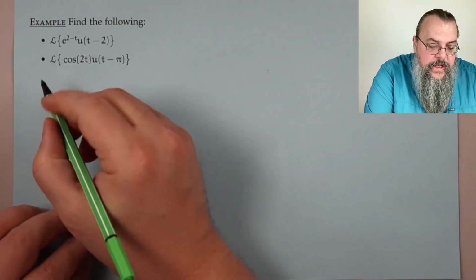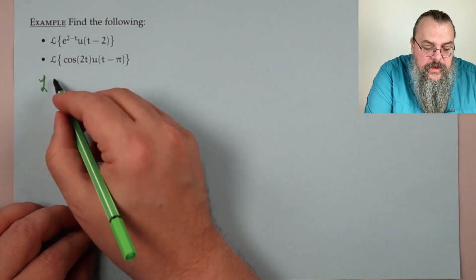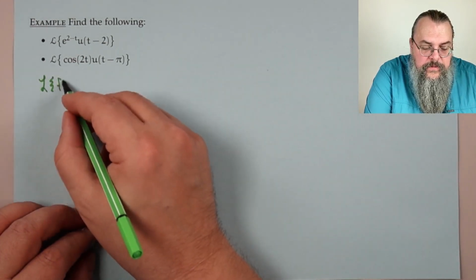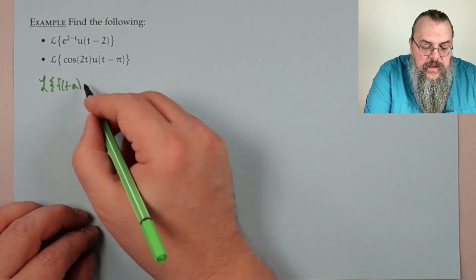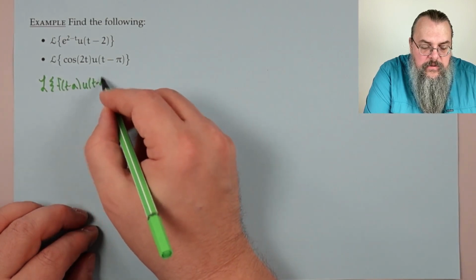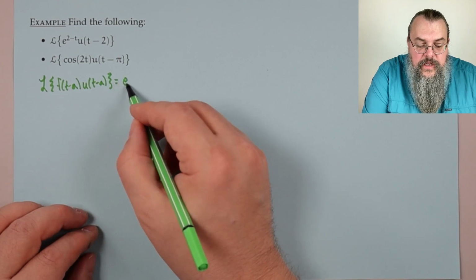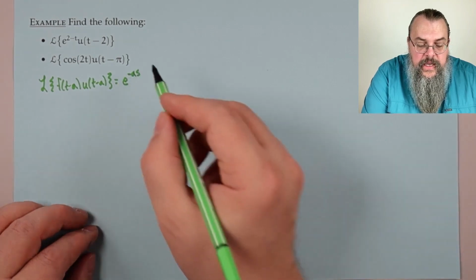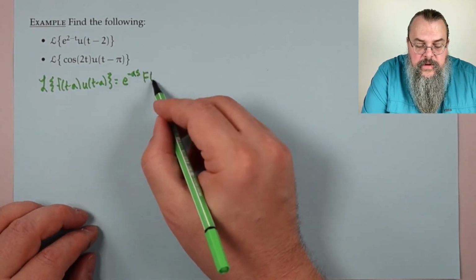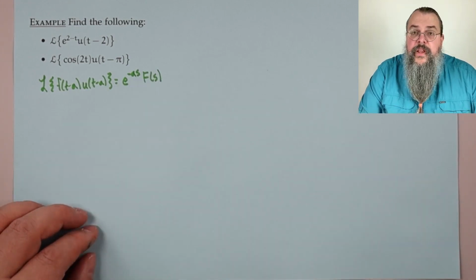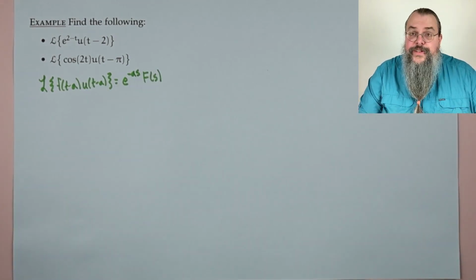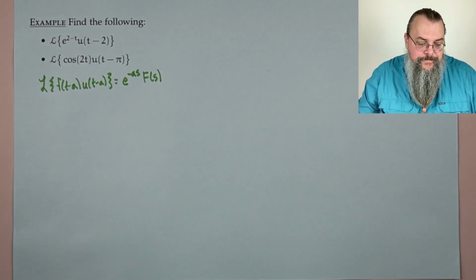The Laplace transform of f of t minus a, u of t minus a, and it doesn't matter which one goes first, is equal to e to the minus as, F of s. All right, so let's do these one at a time.